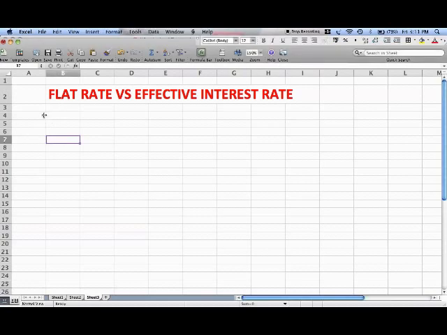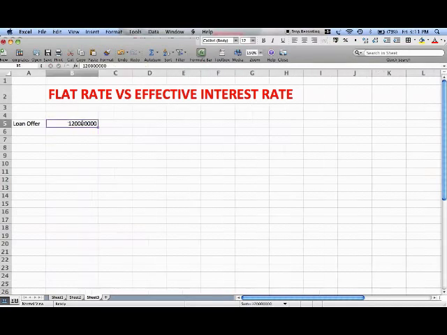I'll give you a very simple example, as you can see on my computer screen. For example, you got a loan of 120 million.